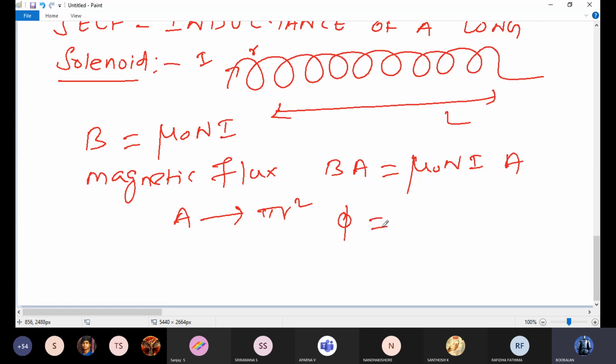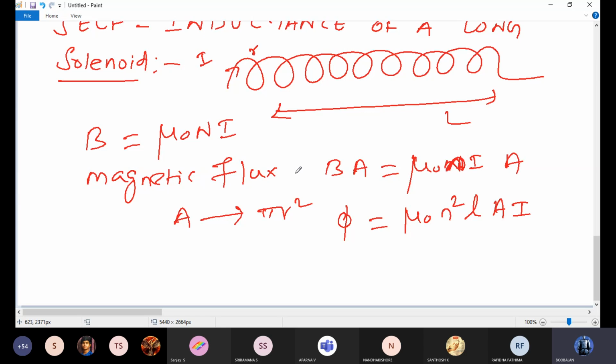So phi equals mu naught n square L A I. In the earlier equation I just multiplied with n L, where n means number of turns per length and L is the length.